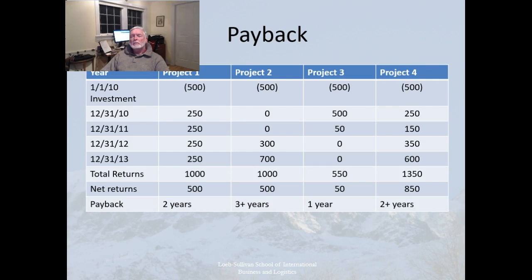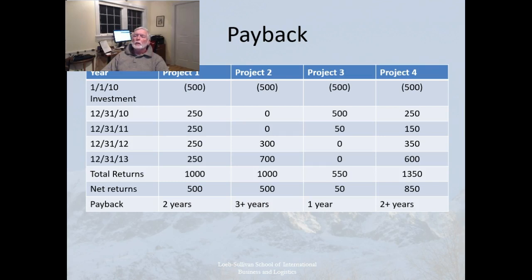And they all have different returns. Project 1 and 2 both return $1,000. Project 1 returns it evenly, $250 a year for 4 years. Project 2 returns nothing in year 1 and 2, but $300 and $700 in year 3 and 4.